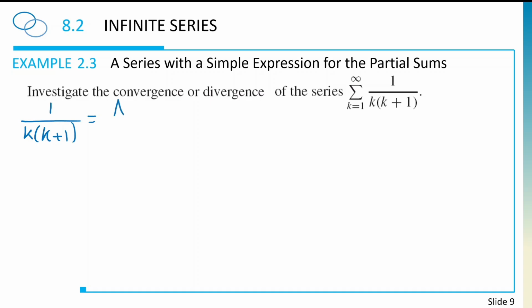So I could write it as a over k plus b over (k plus 1). Then the next step, remember, this is your LCD. We start with 1, the numerator, equals... we always keep this LCD, the least common denominator.